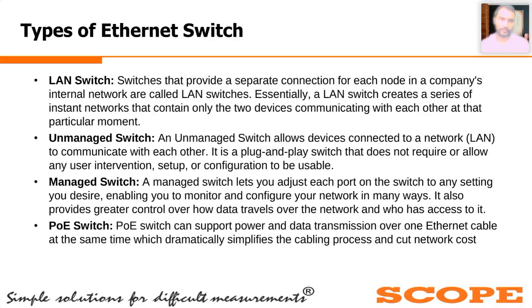Normally, when we use a LAN network, and that too in a substation, we prefer a managed switch. There are 2 types of managed switch, layer 2 and layer 3. I'll go into detail at a later stage, where we can configure the ports. In an unmanaged switch, you cannot configure those ports, but in a managed switch, you can configure those ports.